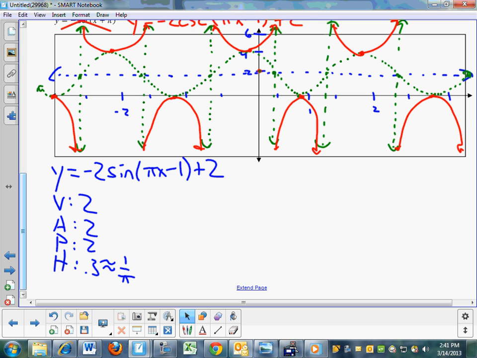There, I got it. So again, the only part of the actual graph is the red stuff, right? Everything else is just a help to actually draw the graph.